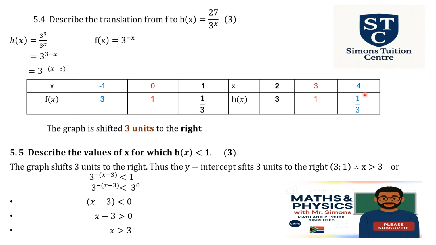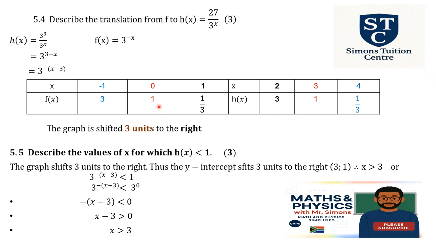If I use 3, 3 minus 3 is 0, and anything to the power 0 is 1. If I use 4, 4 minus 3 gives me 1, and 3 to the negative 1 becomes 1 over 3. So I have the same set of answers, 3, 1, 1 over 3.